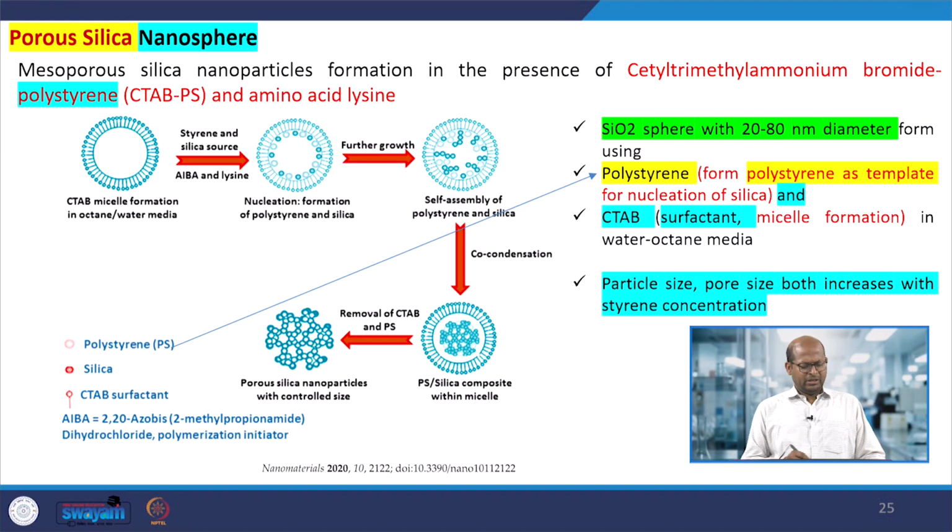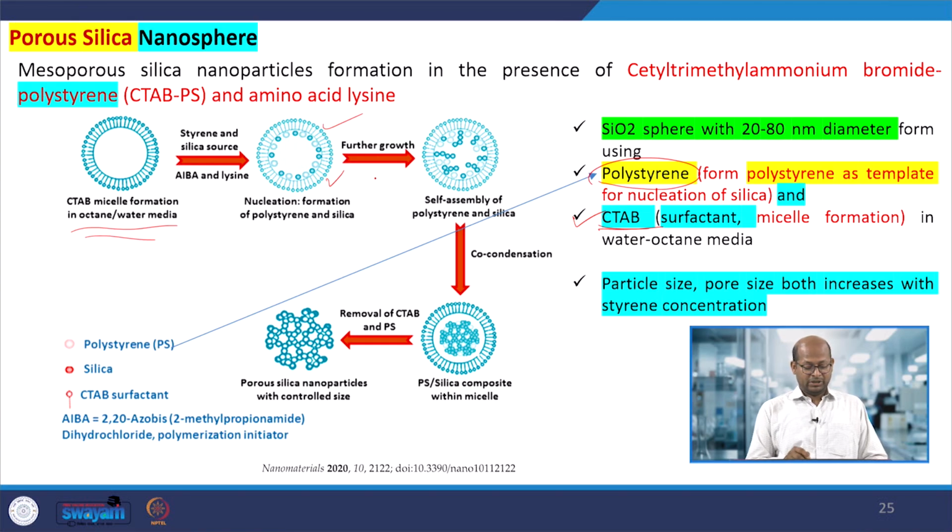Okay, similarly, this I have already discussed. Here polystyrene was used as a templating agent, and CTAB was used as a surfactant. In this particular process also, the CTAB surfactant forms this type of micelle, and the silica precursor with polystyrene acts as a template.